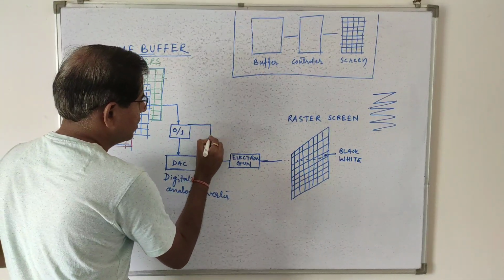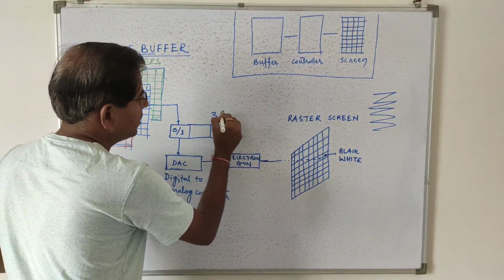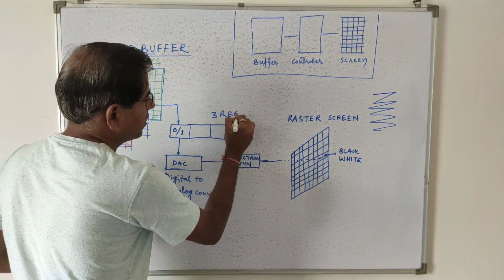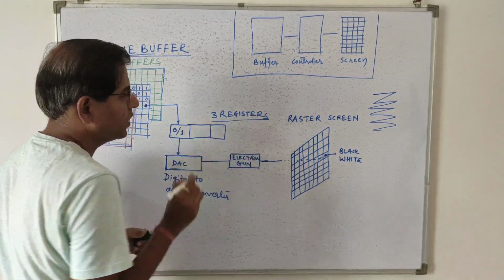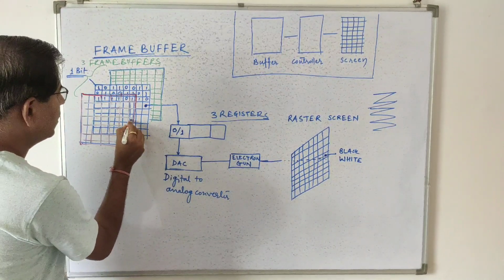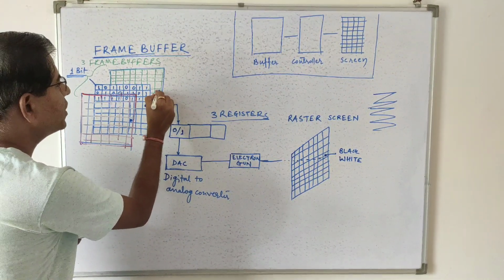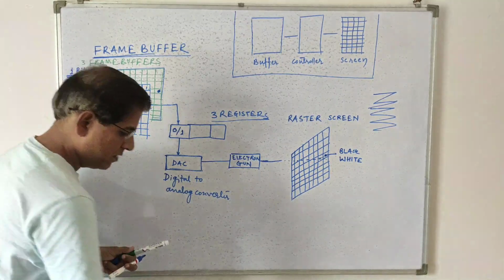So 1, 2, 3 registers. We require 3 registers. So the 3 corresponding values from this side.